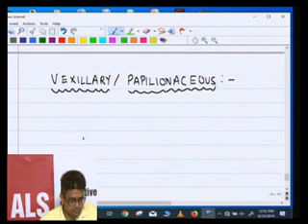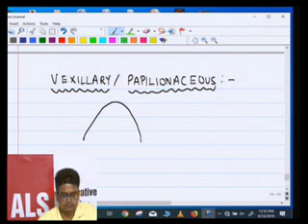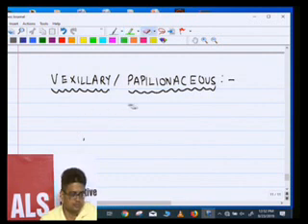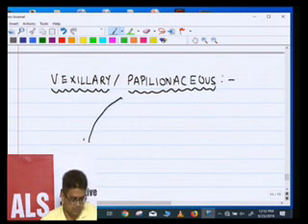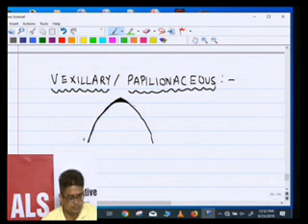So here one petal is quite large. We draw it like this. One petal is quite large.